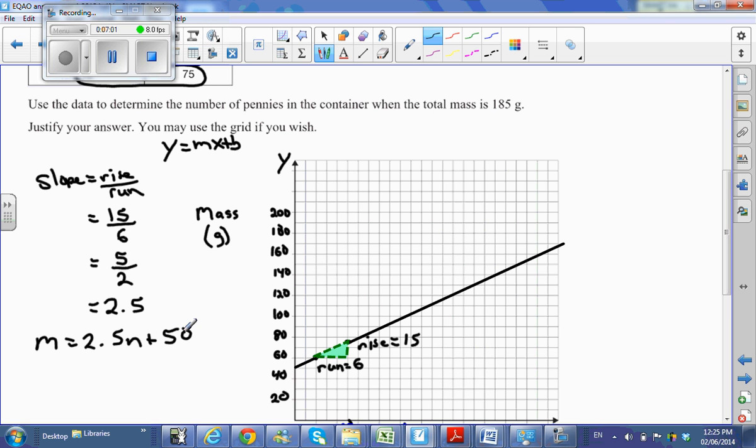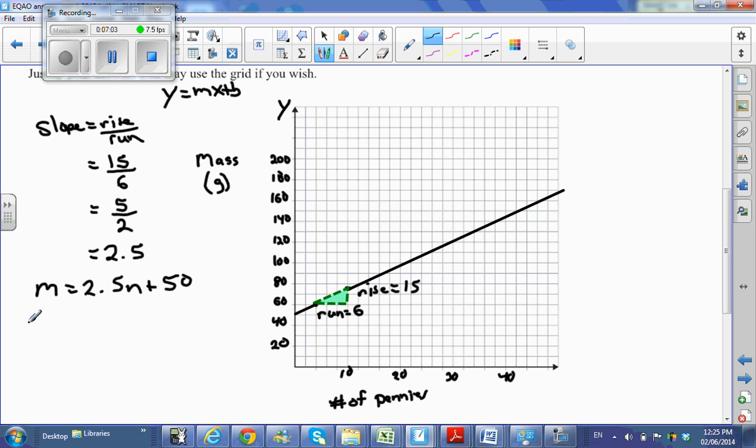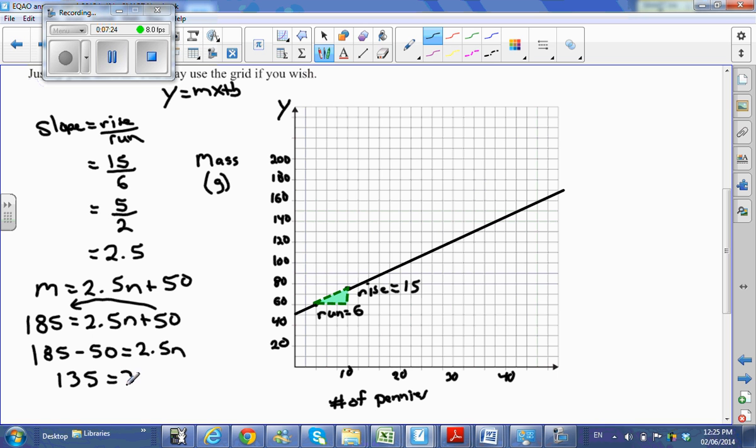Now the question is, how many pennies were there when it was 185? So we can go 185 for the mass equals 2.5n plus 50. And move the 50 to the other side. So we're going to get 185 minus 50 equals 2.5n. So we get 135 equals 2.5n.